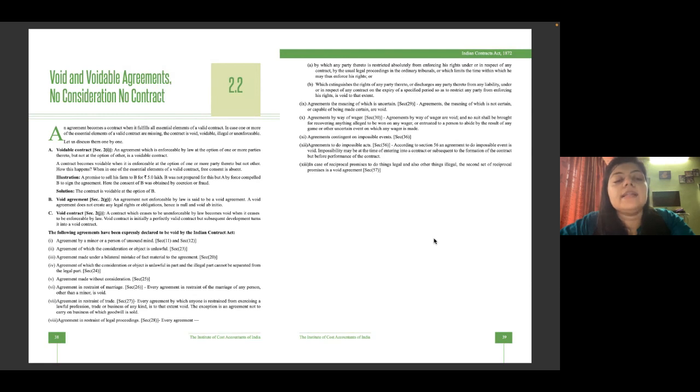What are void as well as voidable agreements? Void agreements or voidable agreements with no consideration or contract were actually looked down upon in the early years, but no longer so.